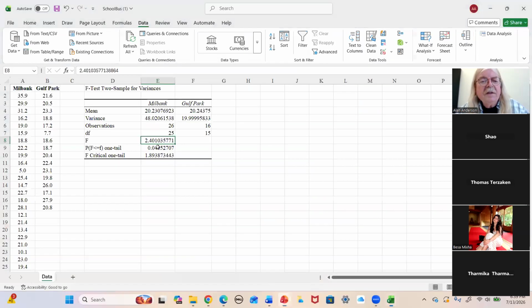Oh, you know what we have to do? We have to double this. This is one of the confusing things. They're only showing us the one. That to me is a bad idea, but because it's a two-tailed test, we have to double the p-value.